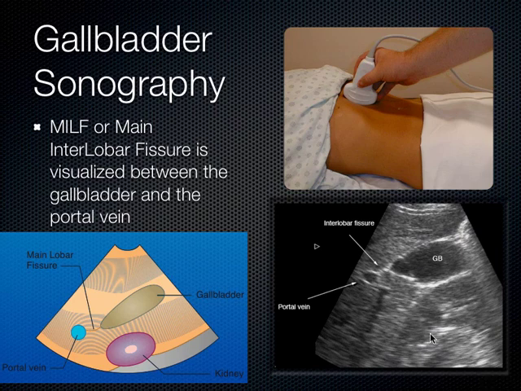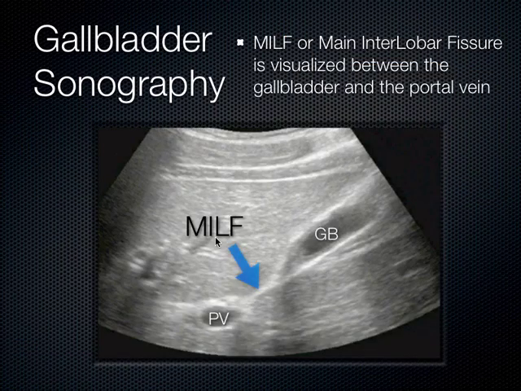We can see the main interlobar fissure right here between the portal vein and the neck of the gallbladder. Another example of the main interlobar fissure is right here. Here's the portal vein, and this is the gallbladder. Again, you're looking at an anechoic structure, wondering which one is the gallbladder.